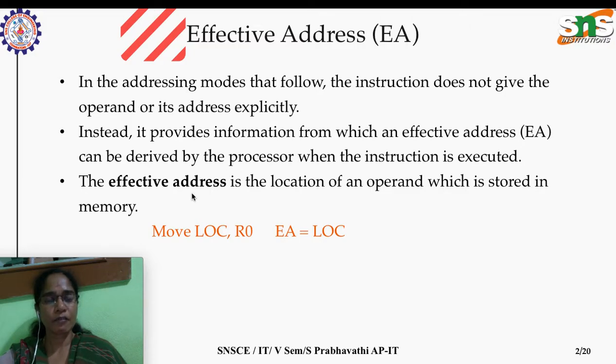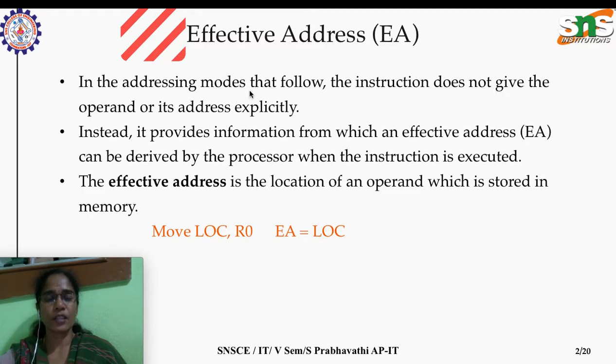So why do we need effective address? Because the instruction in the program will not always give the address directly. The instruction will give some information, and with that information we need to get the content of the operand, somehow, by means of various addressing modes.